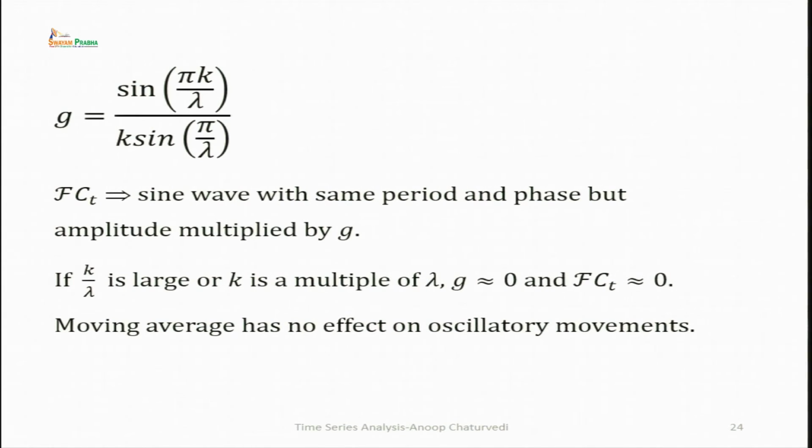So, f C t is a sine wave with the same period of oscillation, and the same phase of the oscillation is also not affected, but the amplitude is multiplied by g, and g is this factor.